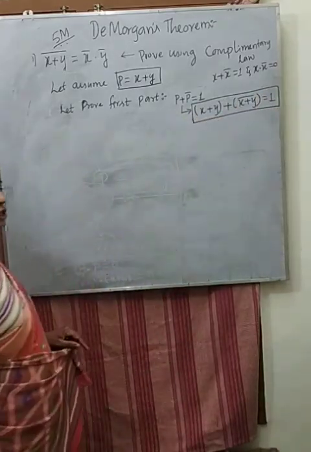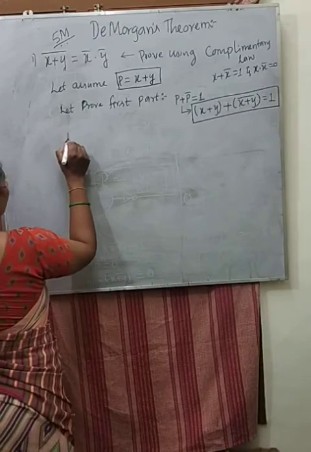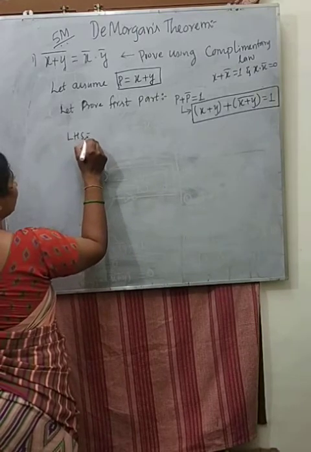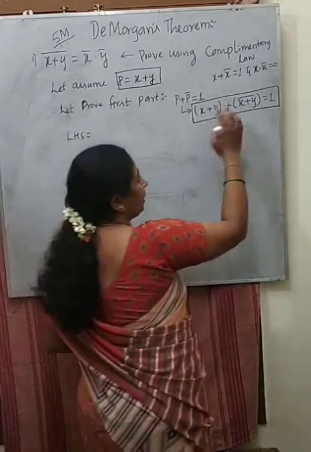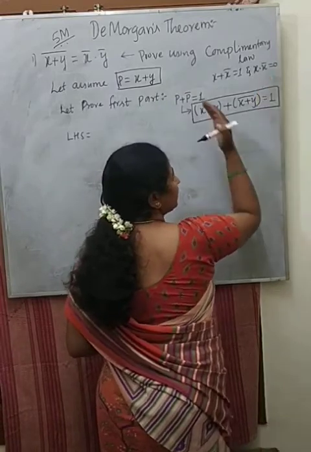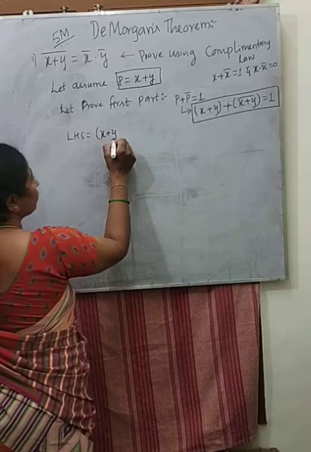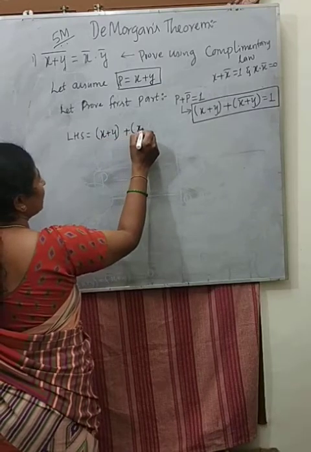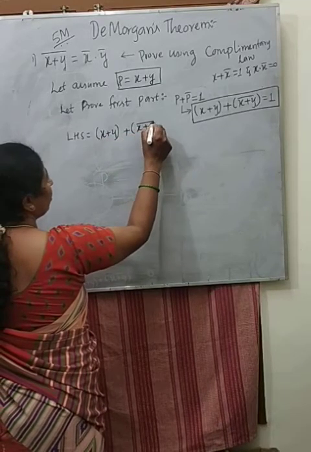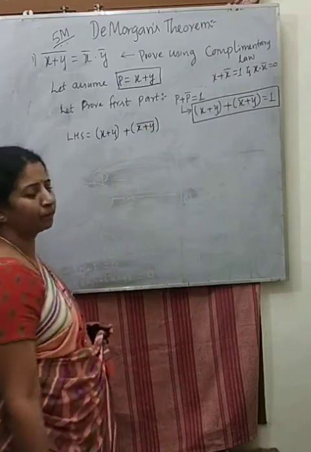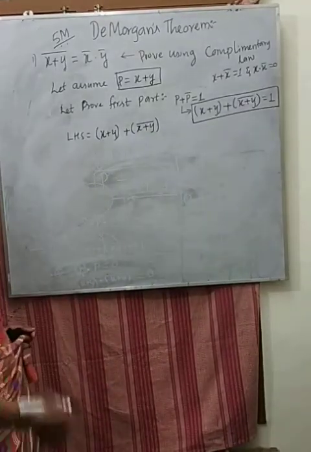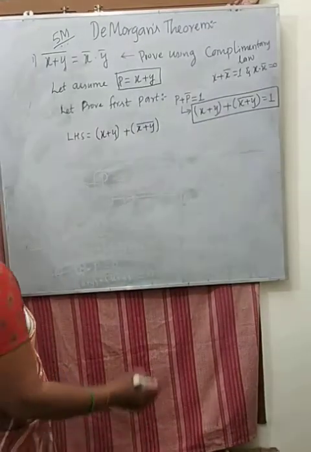Let me take only the LHS part in the first one. What is the LHS part? (x plus y) plus (x plus y) whole complement is equal to 1. We need to prove it. We'll prove it.